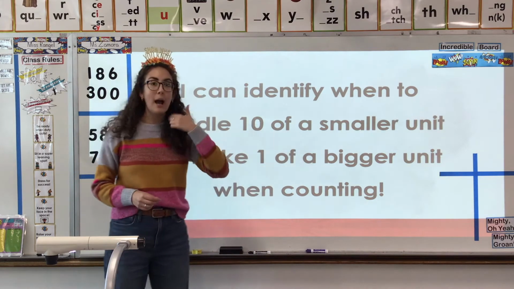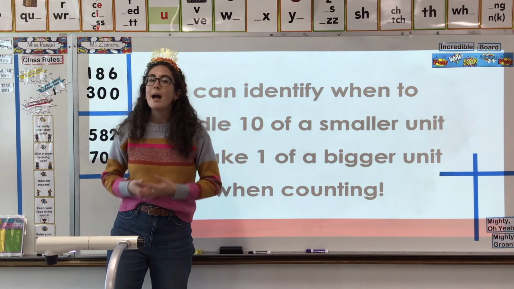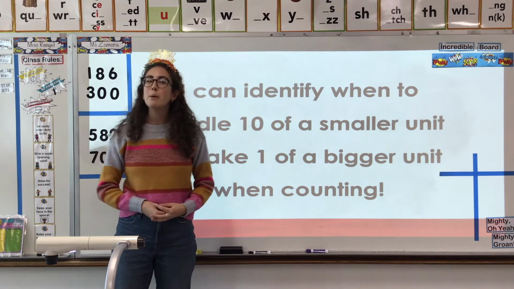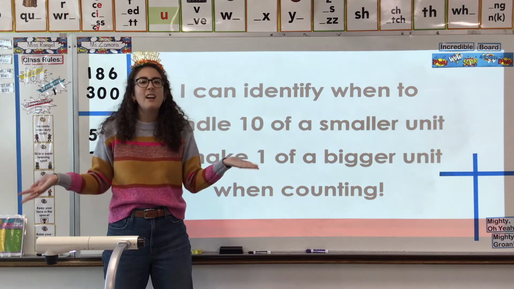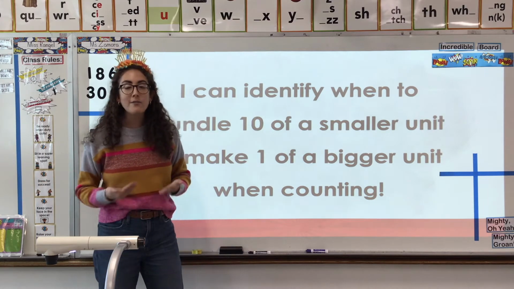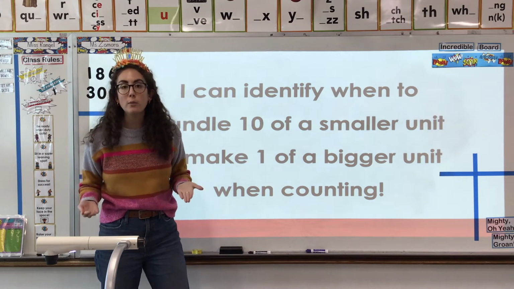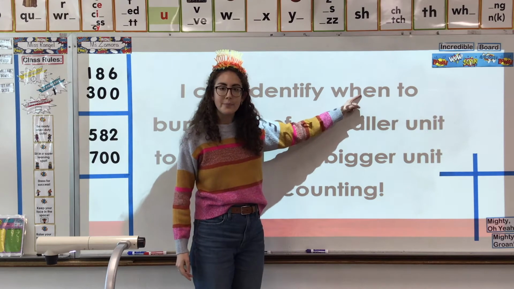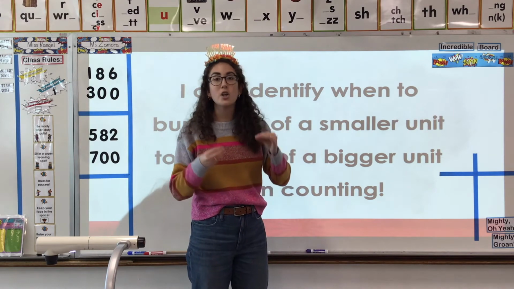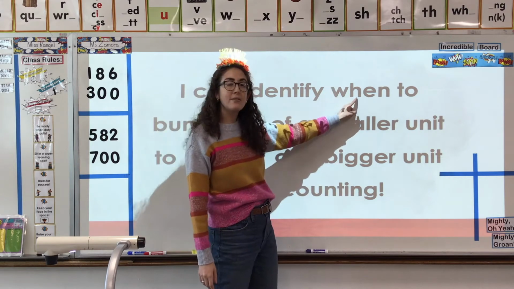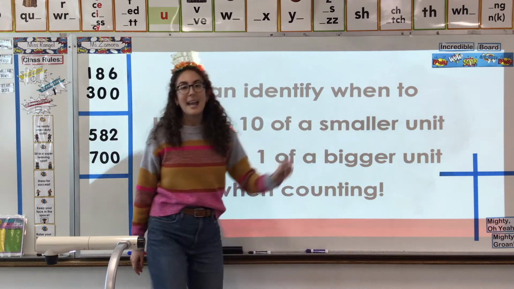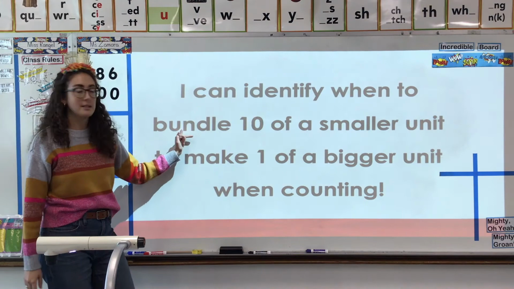We're going to be counting with our place value chart like we've done before, but we're not just going to count up a bunch of numbers and not talk about it or not focus on really what we're doing and when. Today, second grade, your goal is not just to count, it's to identify when in this counting you're bundling.